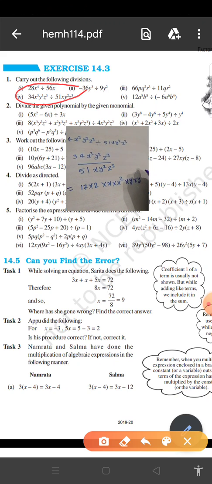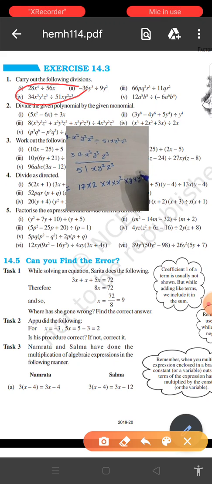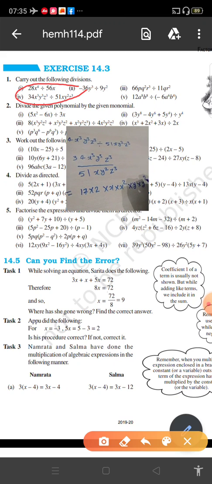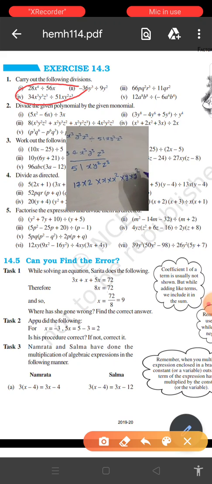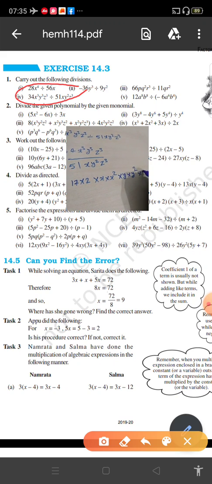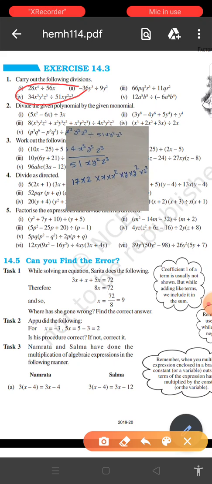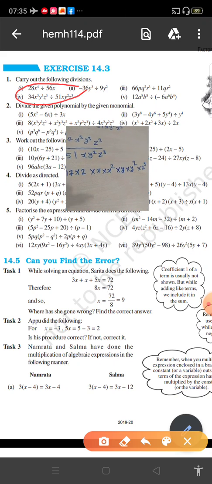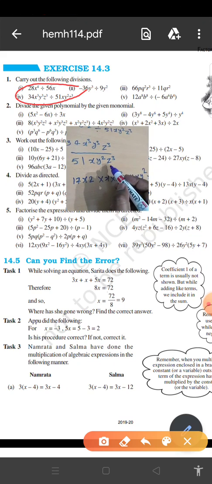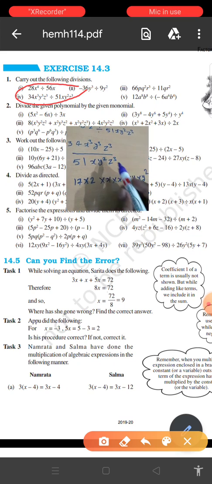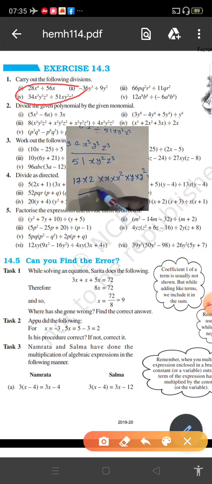Okay, you can write it also as y into y power 3, and we do not break the z power 3, because you can see here z power 3 is also available, so it becomes cancelled.